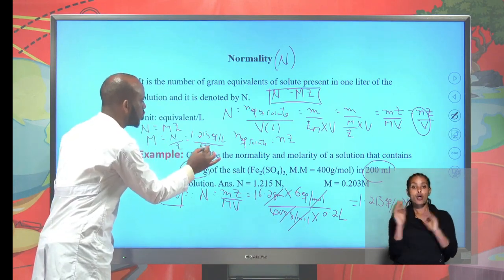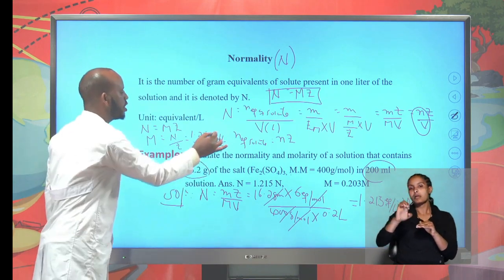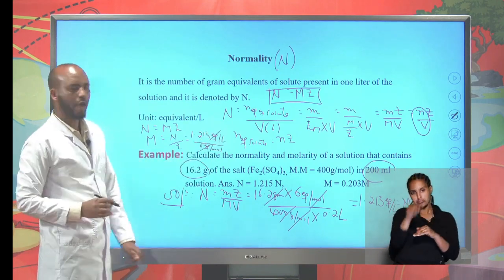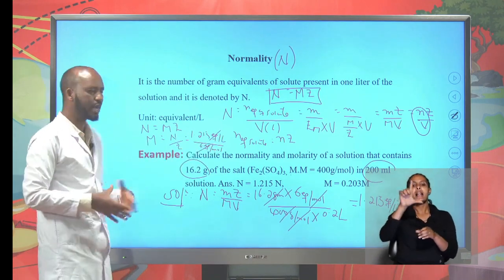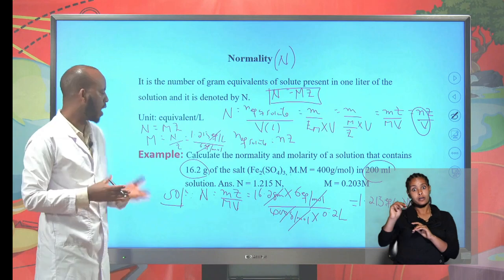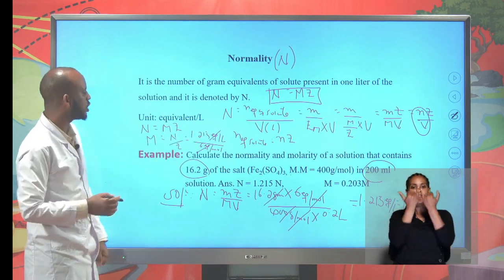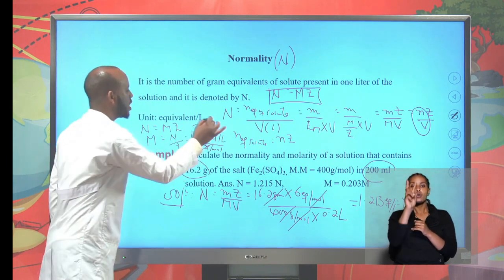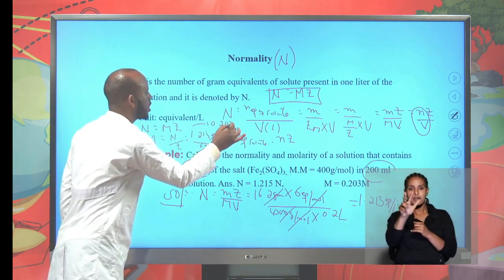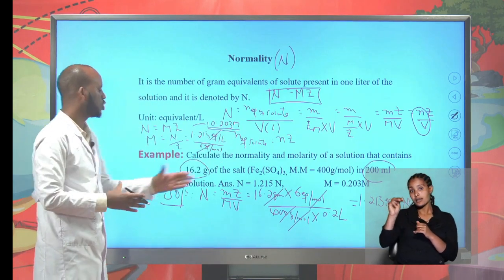Equivalent will be cancelled by equivalent. We are left with mole per liter, which is the unit of molarity, molar. Therefore, 1.215 divided by 6 is 0.203 molar. 0.203 molar is the molarity of this solution.